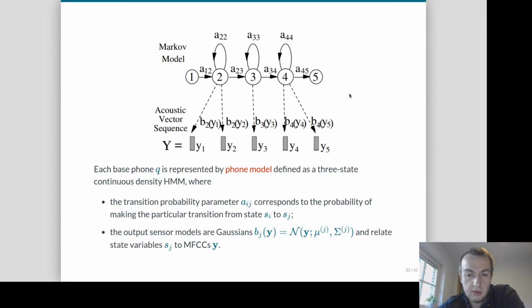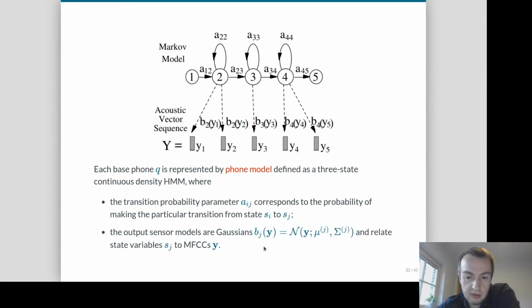And then we would need to define how the observations are tied to these states, and this is what you do with these arrows. In the case of this phone model represented here, the output model would simply be Gaussians. So this B would be Gaussians.